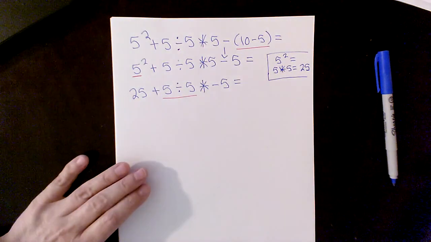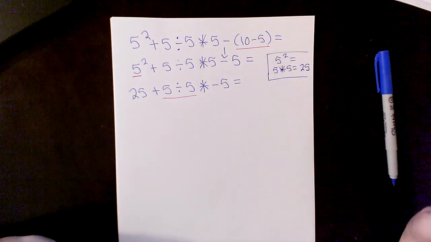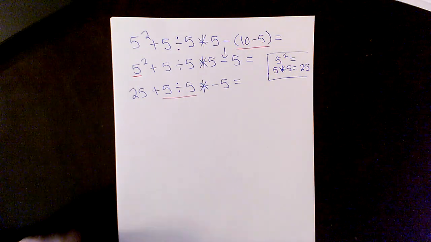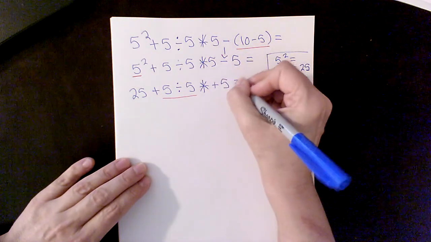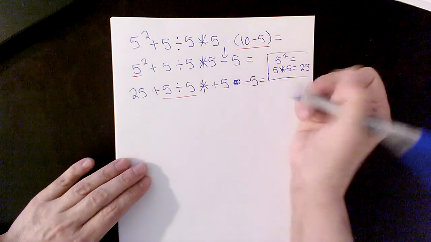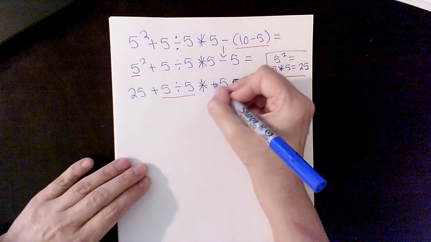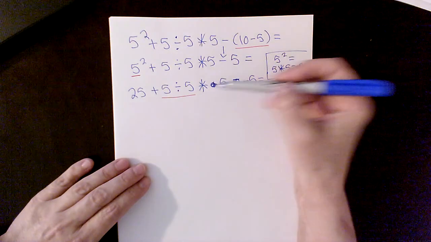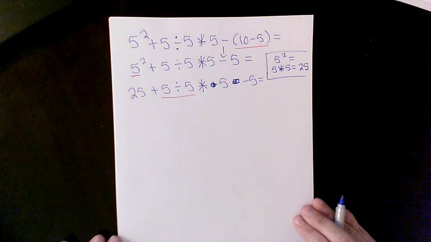So I'm going to do the 5 divided by 5. And I already see a mistake I made. This is a plus 5 minus 5. Sorry about that. I forgot to bring that down. Let me get rid of that. So times 5 minus 5. So ooh, you got to be careful.